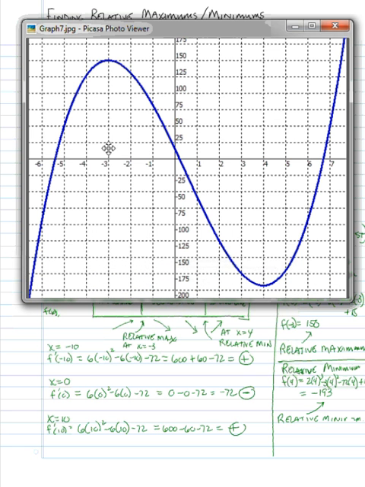So here's the -3 x value, and it corresponds to the point up here, which is a relative maximum, and the 4 critical number, which of course corresponds to this valley down here where we have a relative minimum.